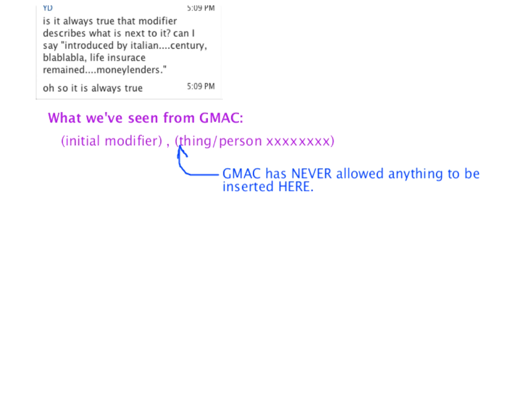So for instance, if you had something like "introduced by merchants in London," comma, "in 1800 life insurance was."